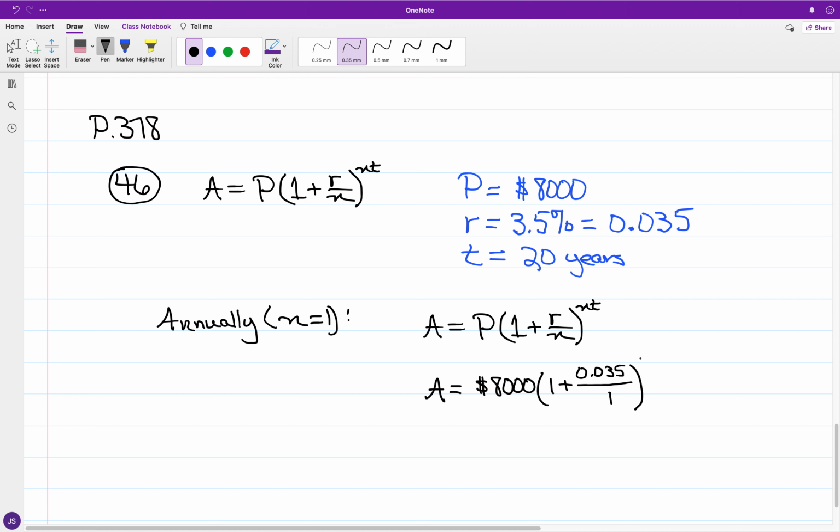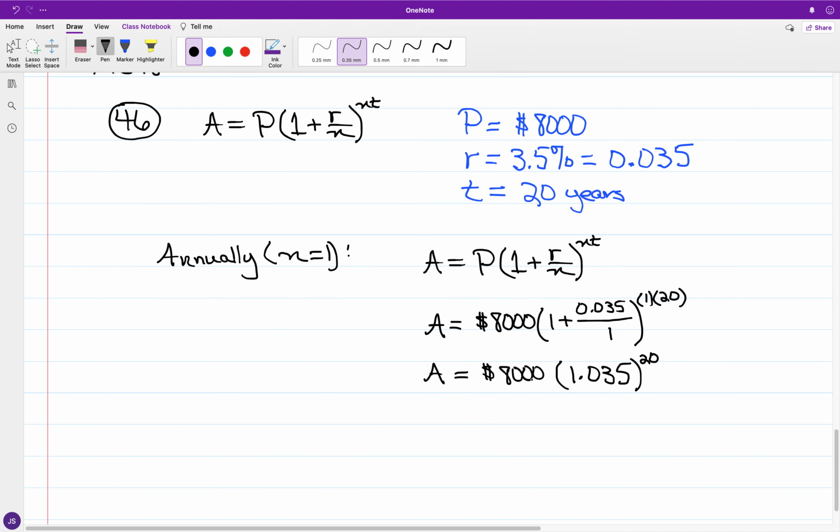For n times t, we have 1 times 20. Now for the sum here, we have 1.035 to the 20th.